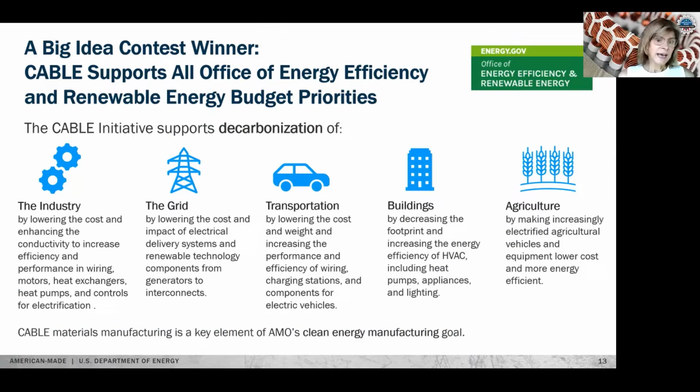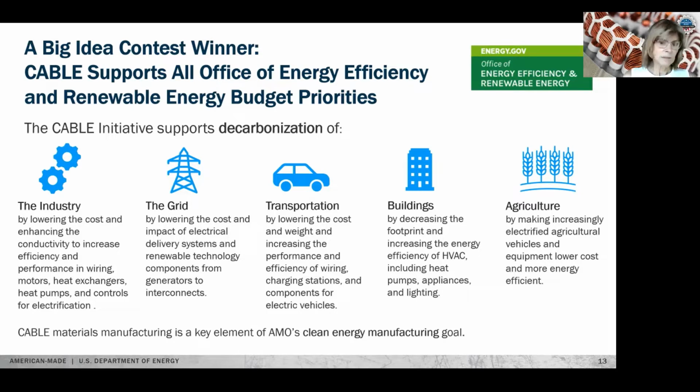And we had really broad participation across DOE because of CABLE's broad applicability and its contributions to decarbonization, especially electrification across all sectors. CABLE supports the EERE technical priorities of industrial, grid, transport, building, and agricultural decarbonization through increased energy efficiency and lowering costs and improving performance of all electrified technologies.